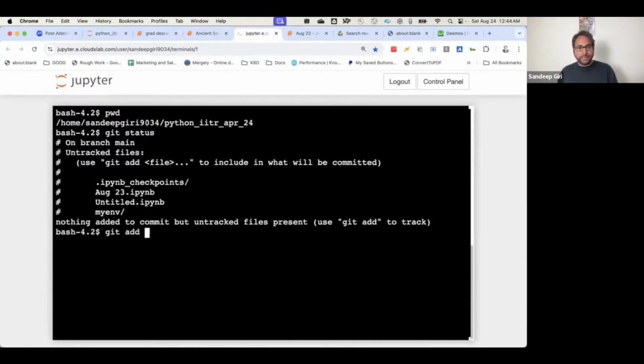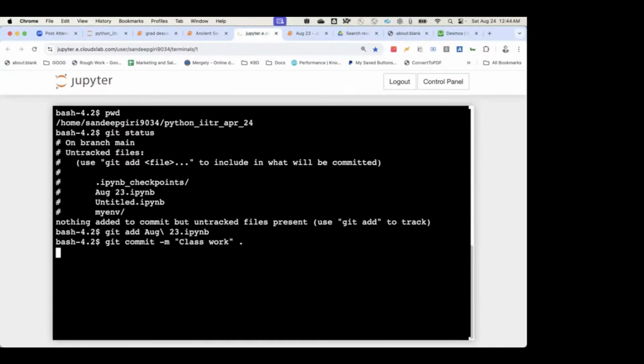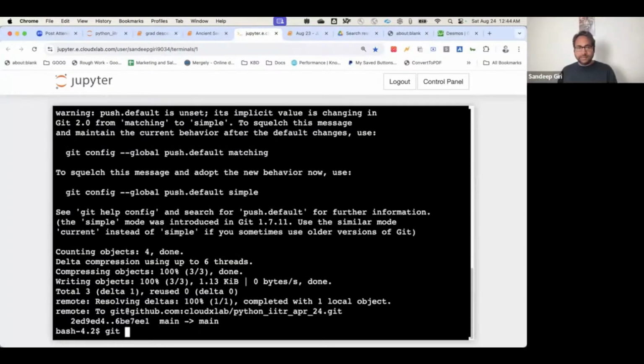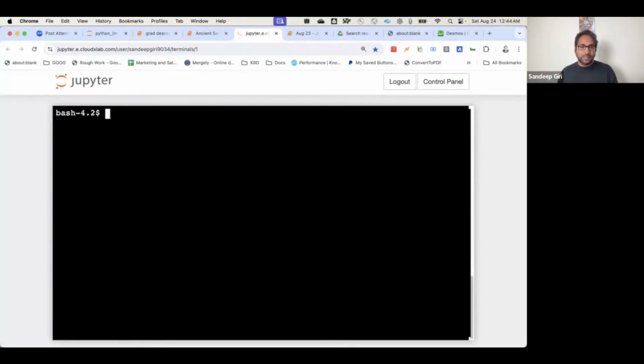Git add August 23. Okay, Git commit. All right, I think this is all right. Did I miss anything else? No. Perfect. We will talk about it.